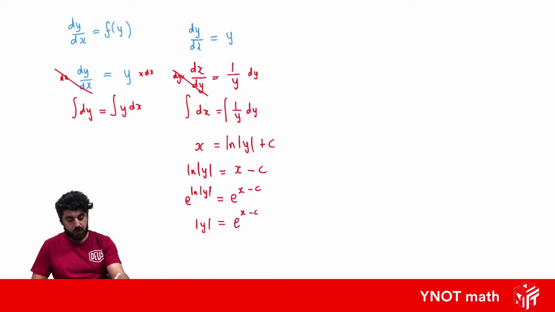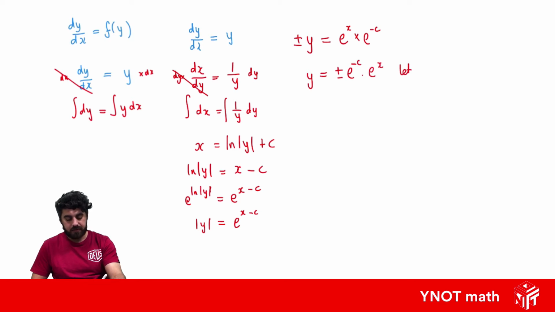The absolute value of y, by definition, tells us that we should be looking at the two cases of plus and minus y equaling, now let's rewrite e to the x minus c as e to the x times e to the minus c. Let's take our plus or minus to the other side. So we get y equals plus or minus, we'll write e to the minus c first, times e to the x.